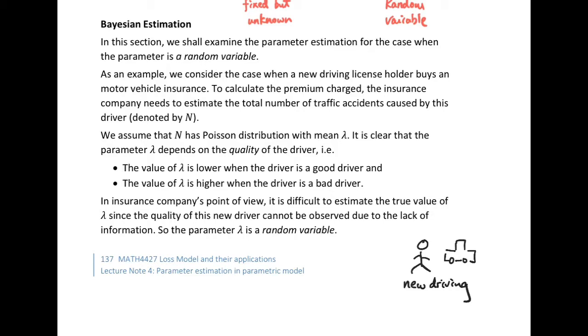And of course, in order to buy the car and drive it on the street, you have to buy insurance. So he goes to the insurance company and pays some money to buy insurance. It can be a full multi-vehicle insurance or maybe just third-party liability insurance, which is required by law.